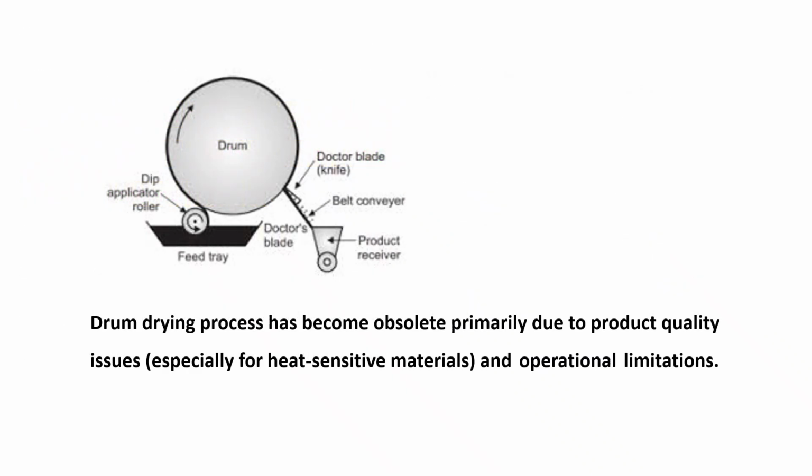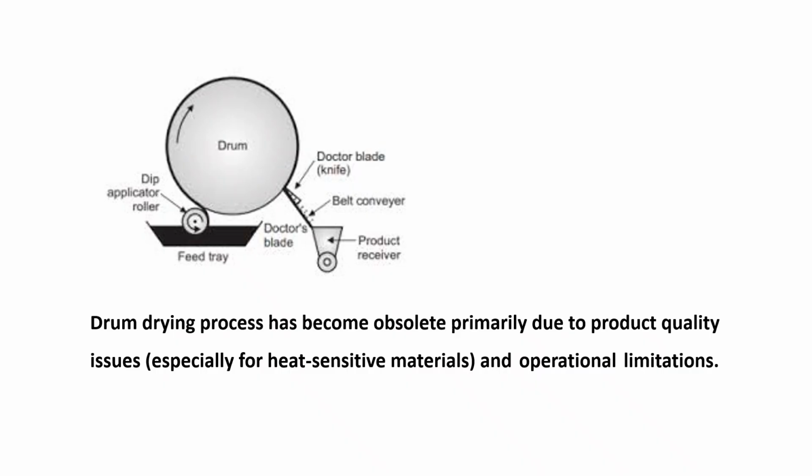The third one is drum drying. We are not discussing it here because it is obsolete. We have given the diagram, but the process is obsolete primarily due to product quality issues, especially for heat sensitive materials, and operational limitations.